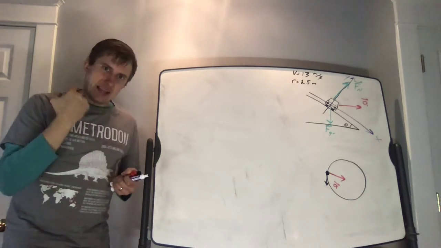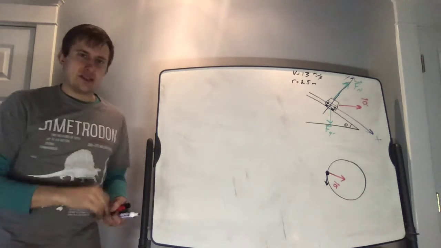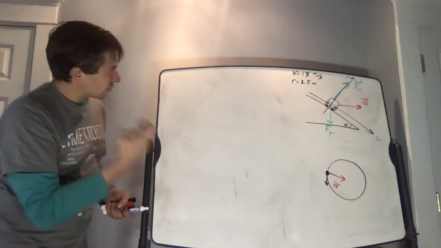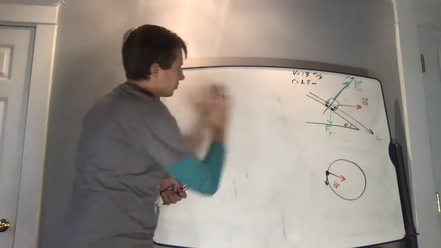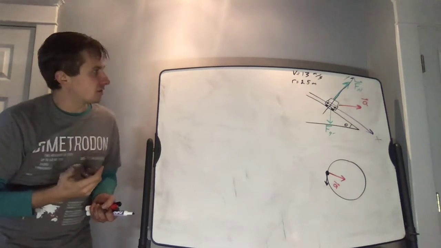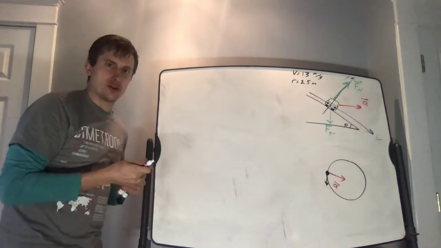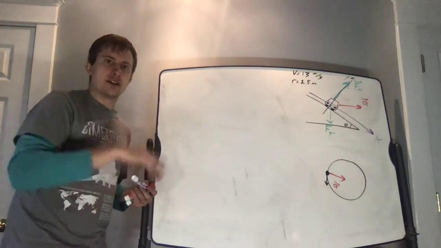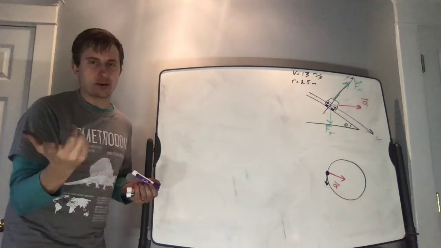Now, I said usually this coordinate system is more convenient to work with. It turns out that for this specific problem, this is a less convenient coordinate system to work with than normal. However, I told you if you see an incline, use an inclined coordinate system.